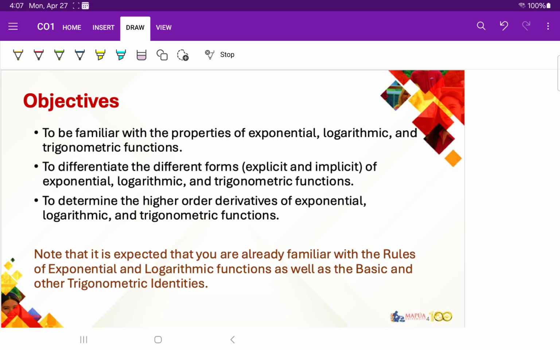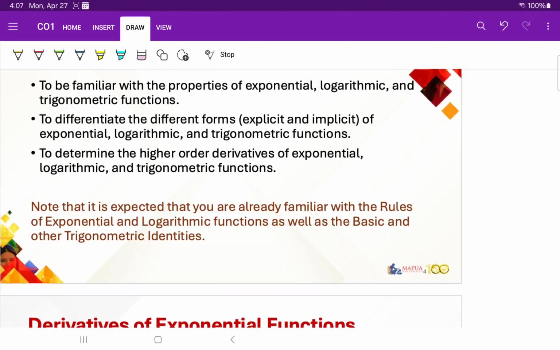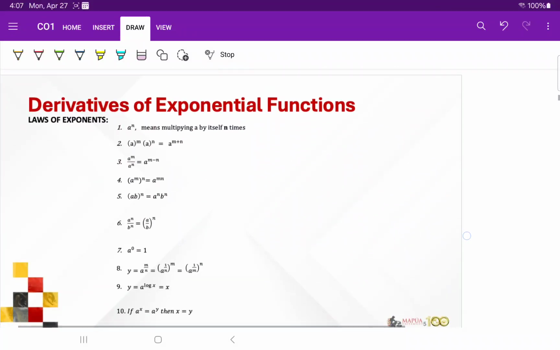Then you should know how to differentiate the different forms given the functions defined implicitly or explicitly. And then we should also be able to determine the higher order derivatives of exponential and logarithmic functions and trigonometric functions later.